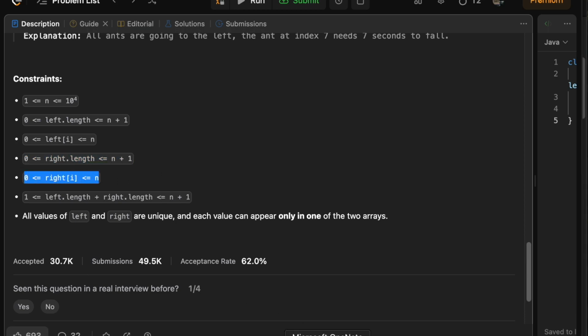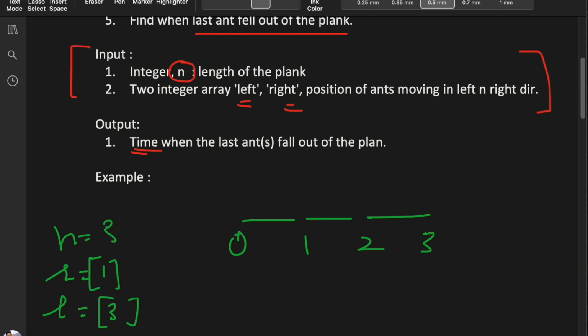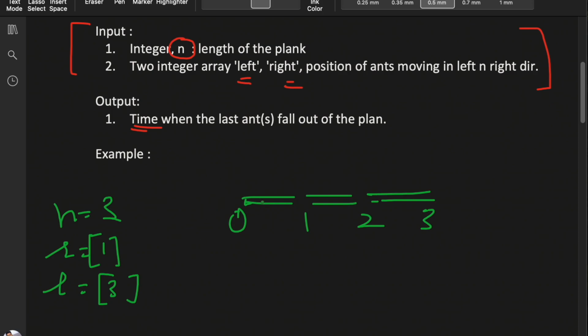That's why I considered it this way, because n here is not the indexes, it is the length, the number of units in that plank. So we have 3 unit length for that plank, and the first ant is placed at the first index and moving in the right direction, and the second ant is placed at the third index and moving in the left direction. So this is the state at time equal to 0.